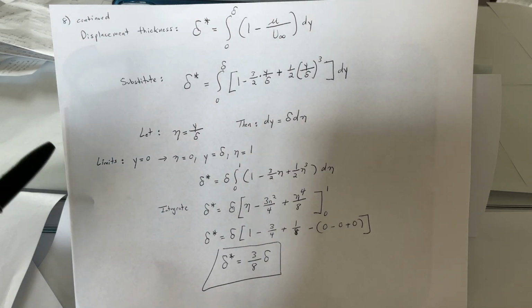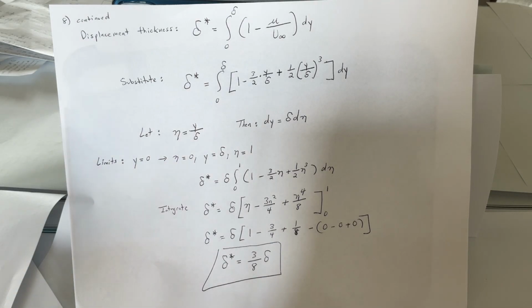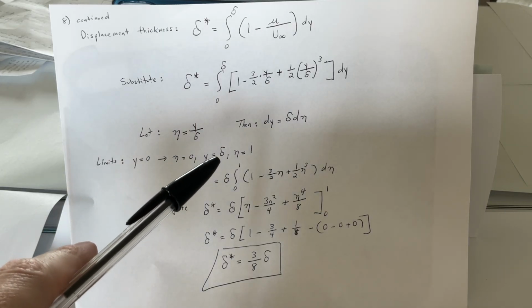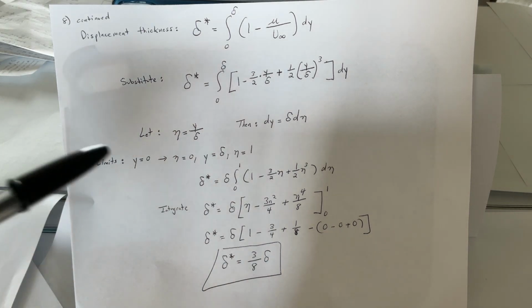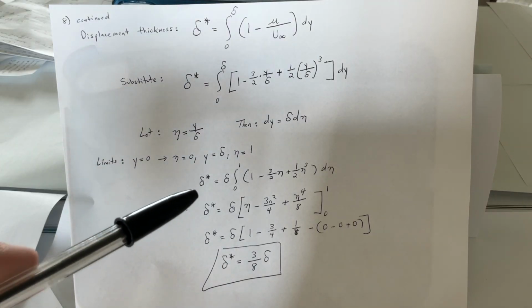Now our limits here were y equals 0, nu equals 0, and where y equals delta, nu equals 1. So we just change our limits of integration because we changed the variable we're going to use.